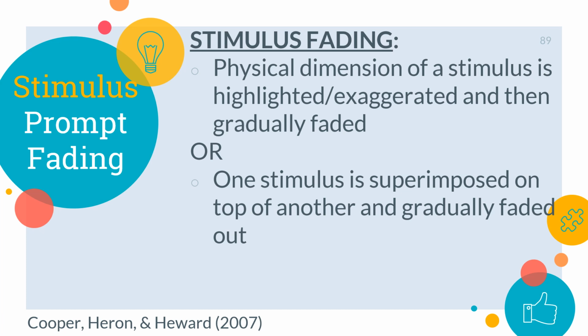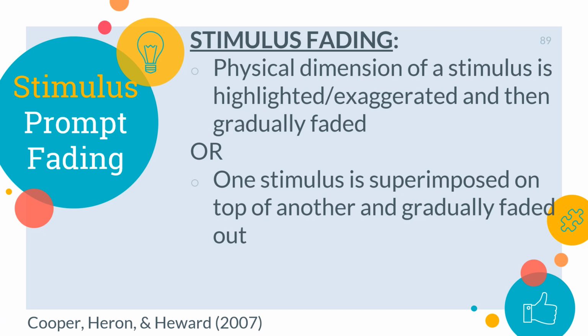It involves overemphasizing a physical dimension of a stimulus, for example, intensity or size, as a prompt for the learner to engage in the correct response, and then fading out that overemphasized physical dimension to facilitate the transfer of stimulus control from the prompt to the desired controlling stimulus, the SD.